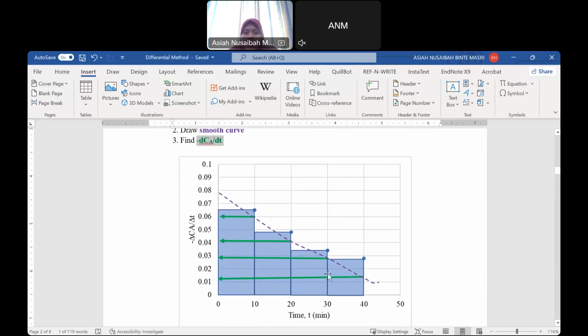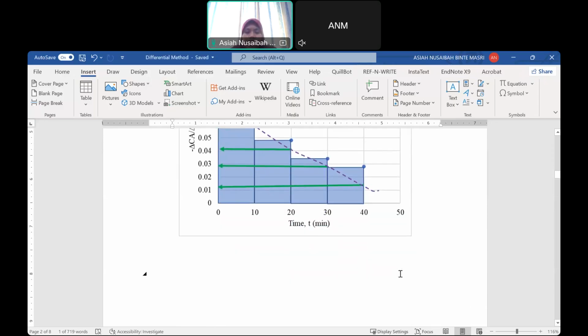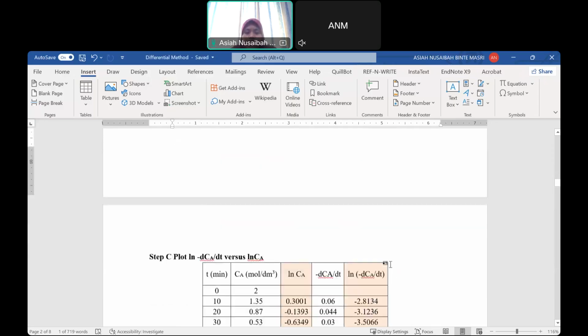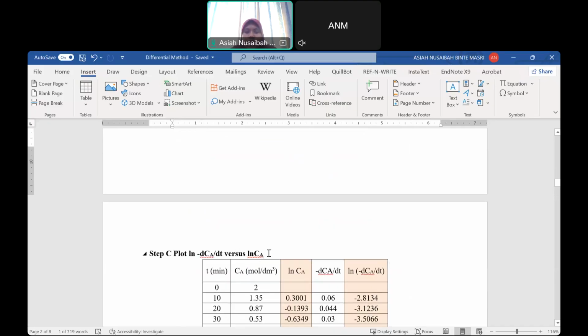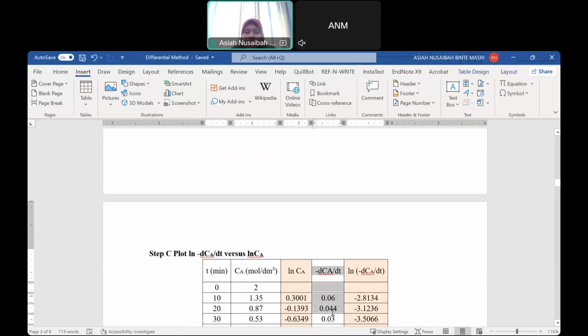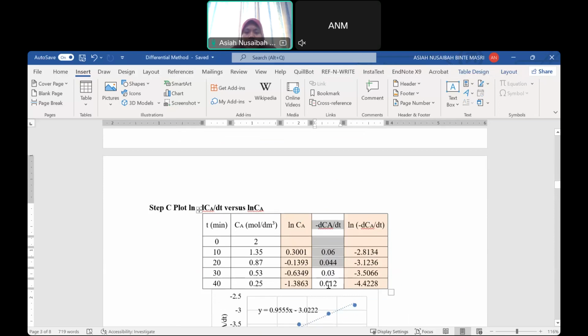At 30 minutes, the green arrow shows the value of minus dCA over dt. So we tabulate it. This is the value that we got from the graph.